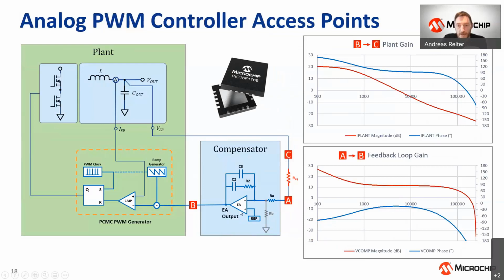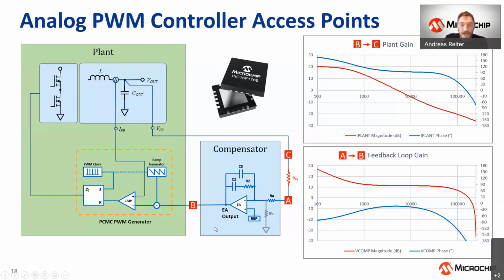It might be a general purpose device where you are tying the compensation network around the error amplifier, or it's a transconductance op-amp device where the compensation network would be tied to ground. However, at that point, that doesn't make a difference. This is the point B at which you would access your starting point. So this would become your reference. And then the sense probe would have to go to the output so you can observe the difference between these two points.